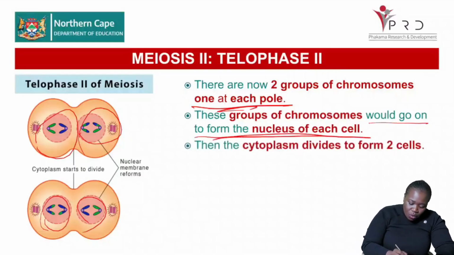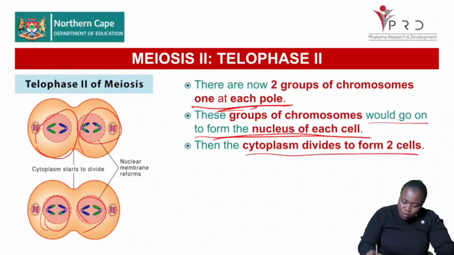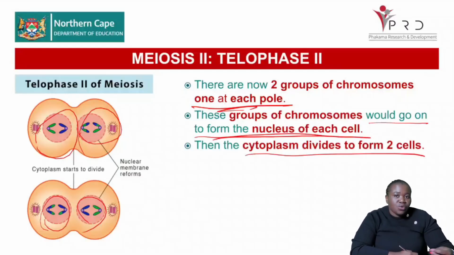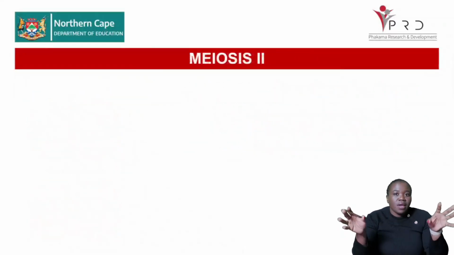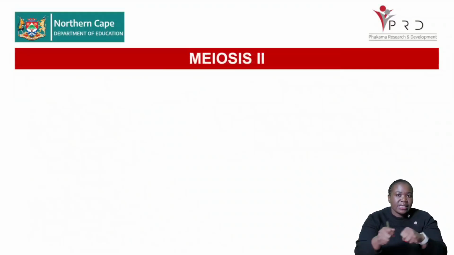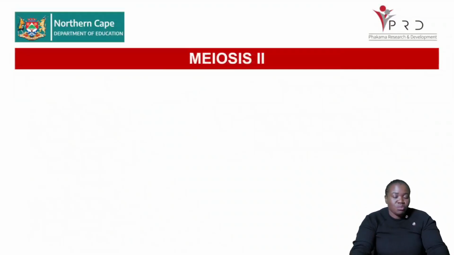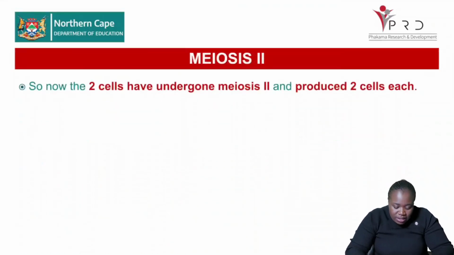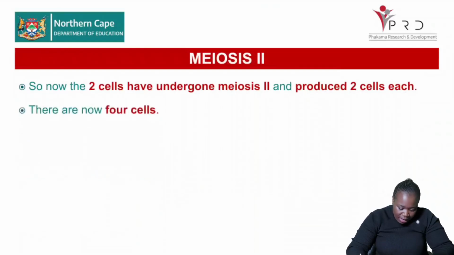So we have the new nucleus within that cell, and the cytoplasm will also divide to form 2 cells with half the genetic material each. 2 cells with genetic material that is different, causing those cells to be genetically different from each other, and therefore causing all the cells that have been produced here to be different from each other.